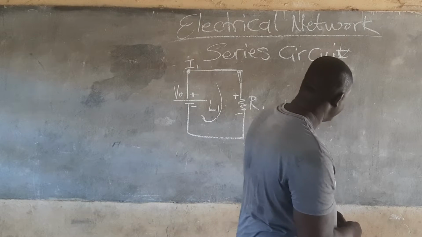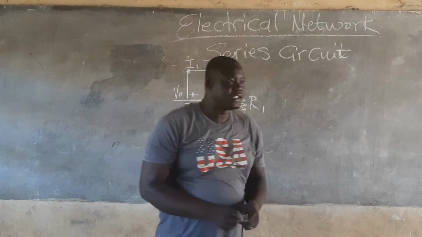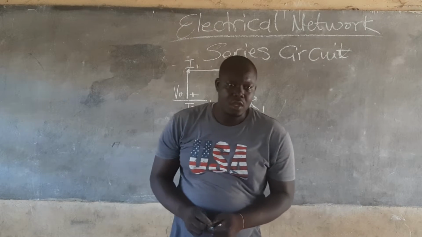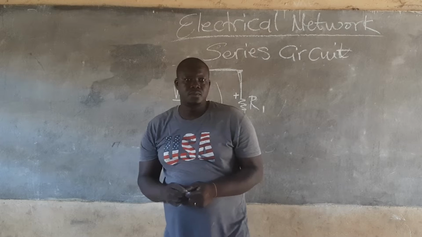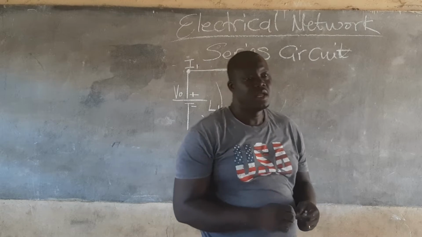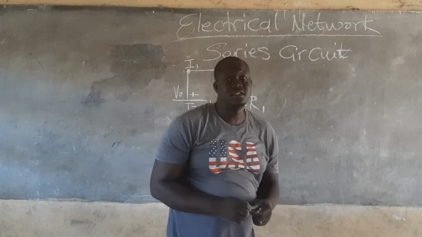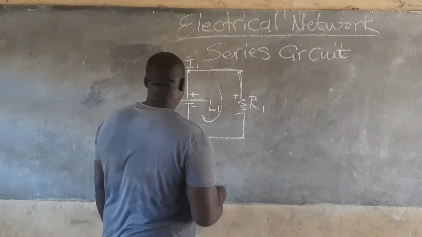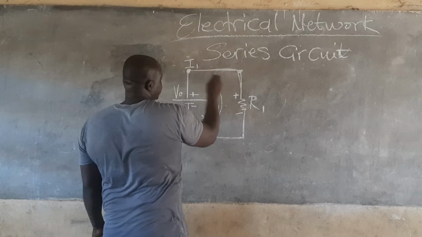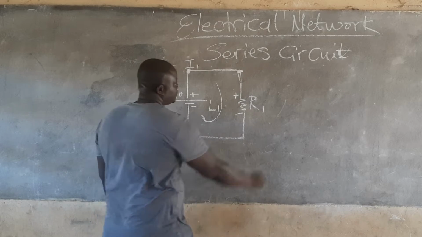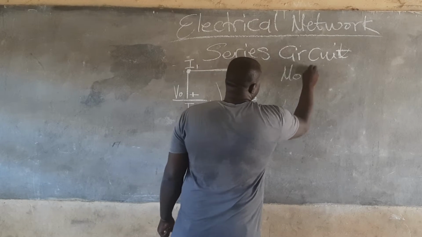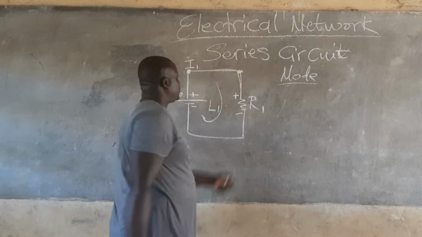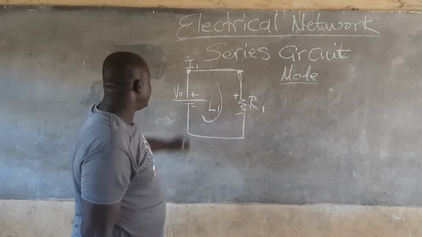Okay. In a series circuit, one thing that we need to know for sure is that current is constant and voltage varies. So let's say we have a loop, we have a node. This is what we call a node.